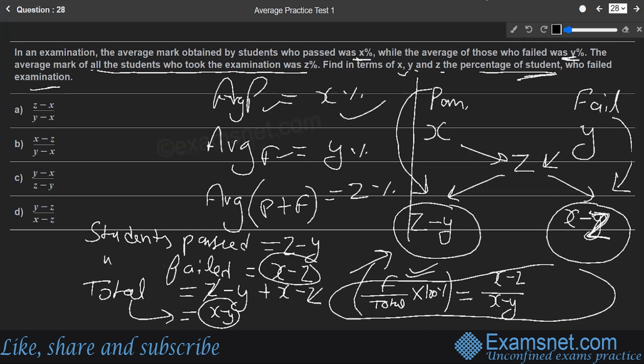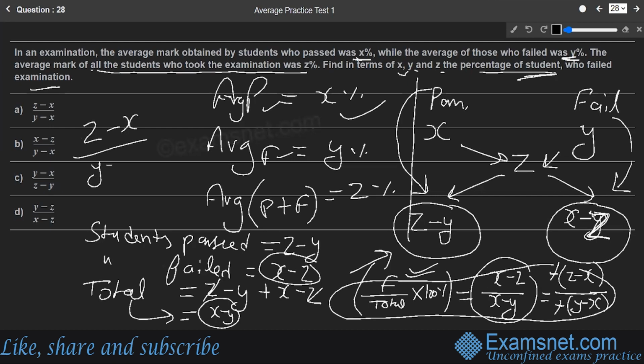Because this particular value is not available in the options, we can take the negative sign common from numerator and denominator, so that it becomes equal to what is available in the options. If we do that, the numerator becomes Z minus X and the denominator becomes Y minus X. The negatives cancel, so we are ultimately left with the answer Z minus X over Y minus X.